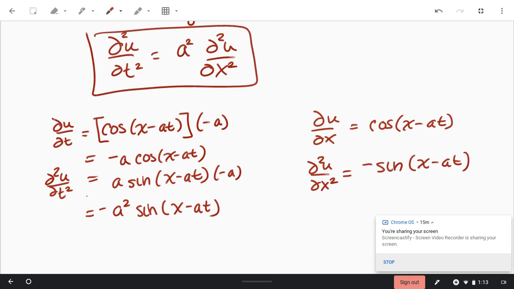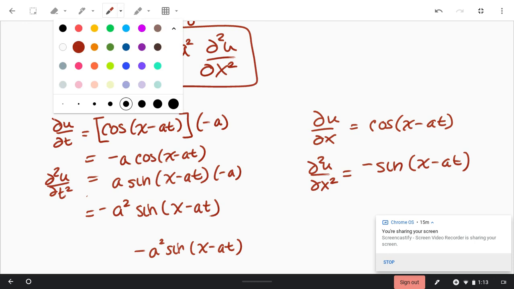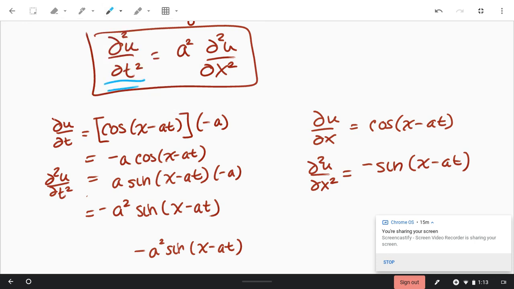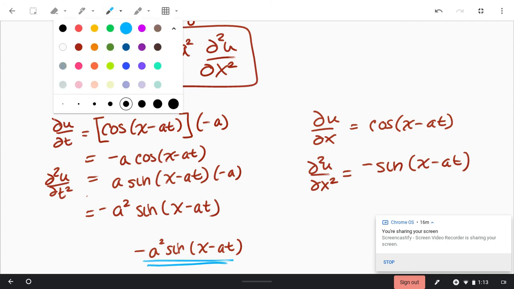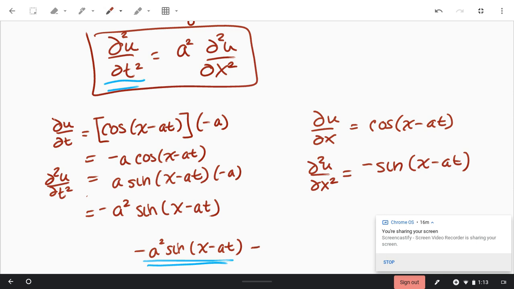Okay, so now we want to show that this is true. Our d squared u dt squared is negative a squared sine of (x minus at). Okay, so this is this. And that should equal a squared times the second partial of u with respect to x, right?